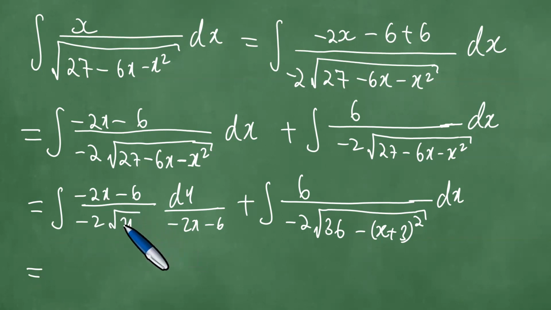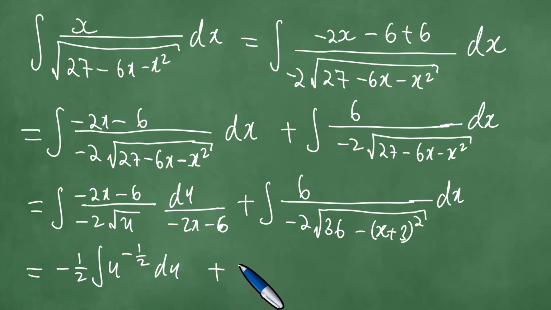If it cancels out, then we can take the integral here. This cancels, and now when this cancels out, you have the minus 2, the minus 1/2, and you have u to the minus 1/2 du.